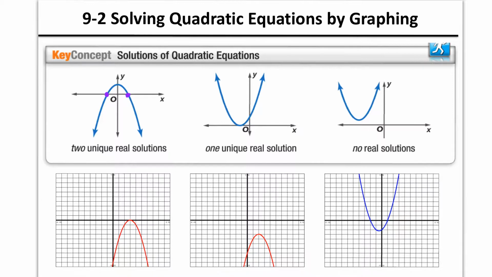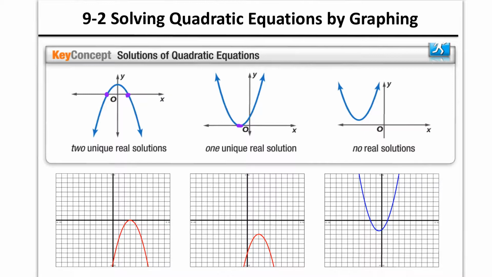Same thing with the next parabola. The next parabola is right here. So you can have 1 point on the x-axis, and in this case it is the vertex on the x-axis. So since the parabola is touching the x-axis 1 time, it is 1 real solution.